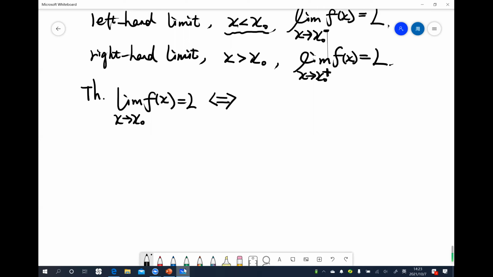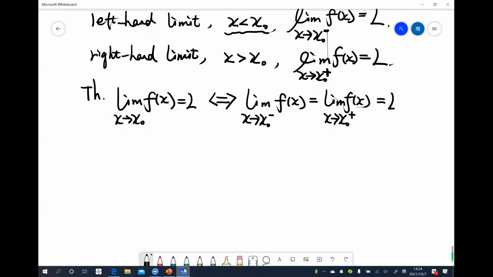That means the limit of the function as x approaches x0 from the left hand equals the limit of the function as x approaches x0 from the right hand, and they have the same limit L.